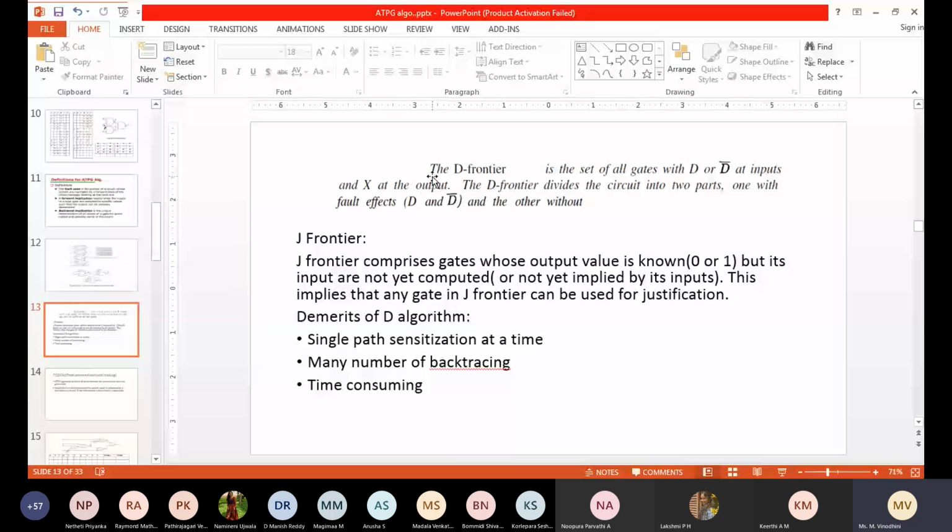Next, J frontier and D frontier. We will be using J frontier and D frontier in the next algorithm, PODEM. They are almost similar to forward and backward implication. Forward implication means you will find the output. Backward implication means you will find the input.